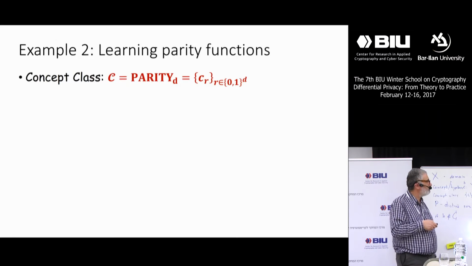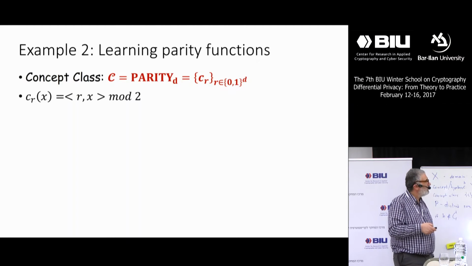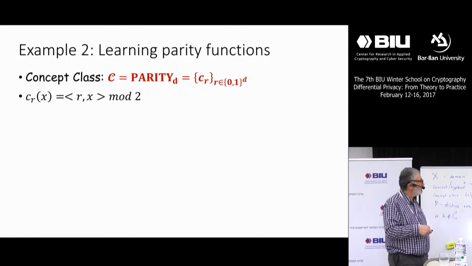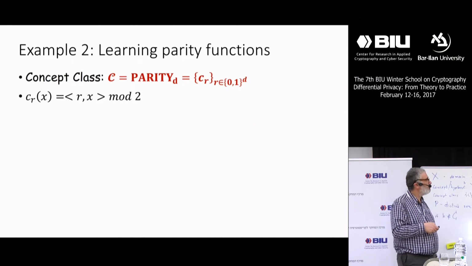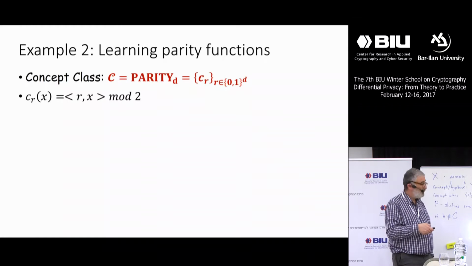Here the typical concept is this: r is a binary string of length d, and x is also a binary string of length d. Applying c_r on x is exactly computing the inner product of r and x modulo 2, okay? So that's the parity of the inner product of r and x.